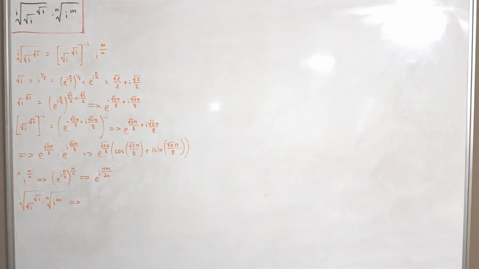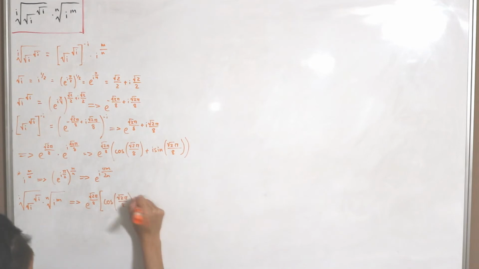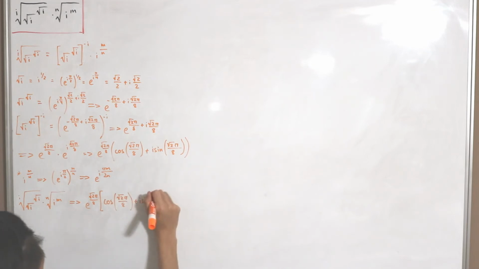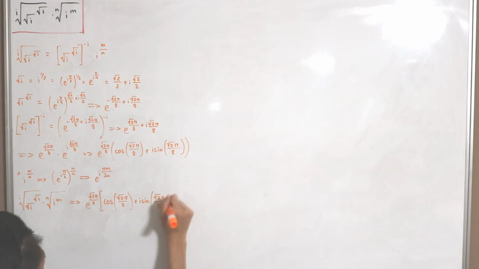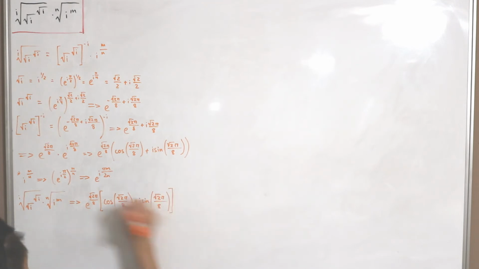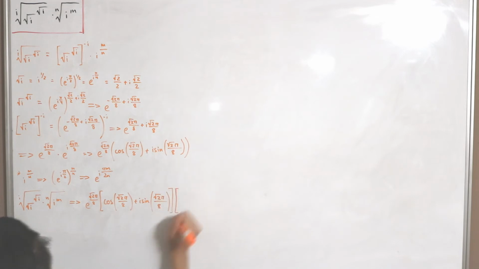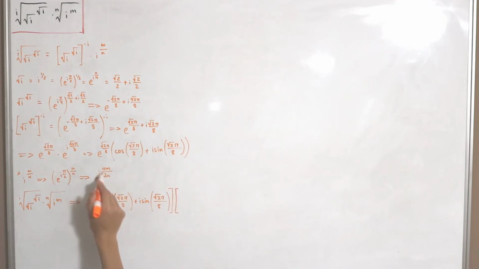Okay, so now we have e to the power square root of 2 pi divided by 8, and then we just substitute cosine of square root of 2 pi divided by 8 plus i times sine of square root of 2 pi divided by 8, and then we multiply this with our now e to the power i times pi m divided by 2n.